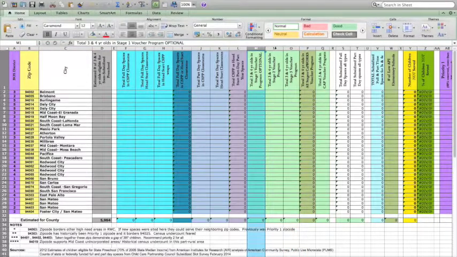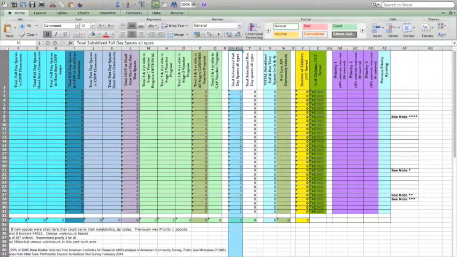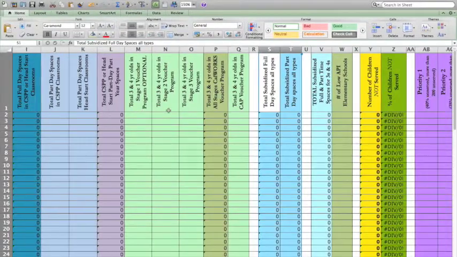Stage 1, Stage 2, Stage 3, and then CAP is over to the rolled up Stage 2 and 3 together, and then CAP, and then the whole thing on the template. The whole thing will add all of those together to end up with your total subsidized full and part day if you've reported it that way, if you've used a slot survey and reported it that way, or it will just roll up to your total full and part day together.